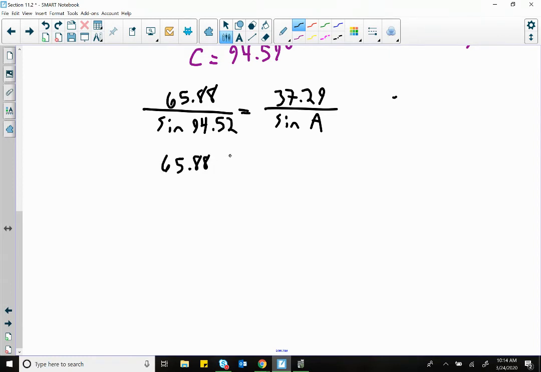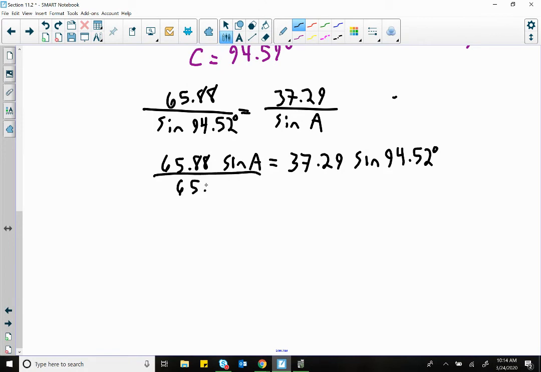65.88 sine A equals 37.29 sine 94.52 degrees. Put degrees in here. Divide by 65.88. Divide by 65.88.